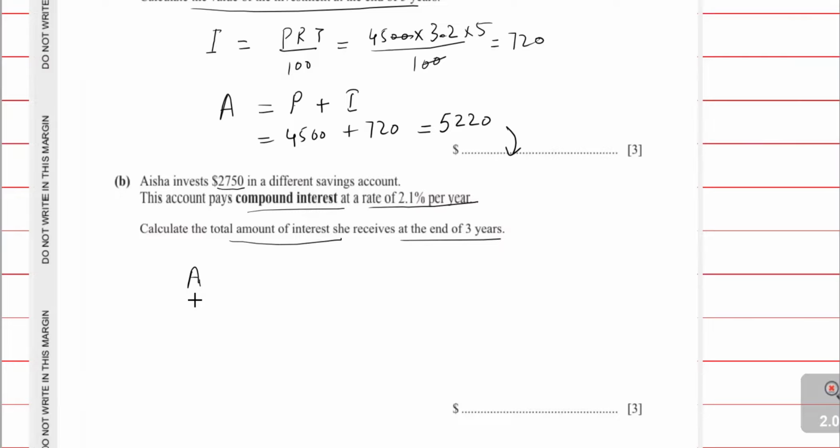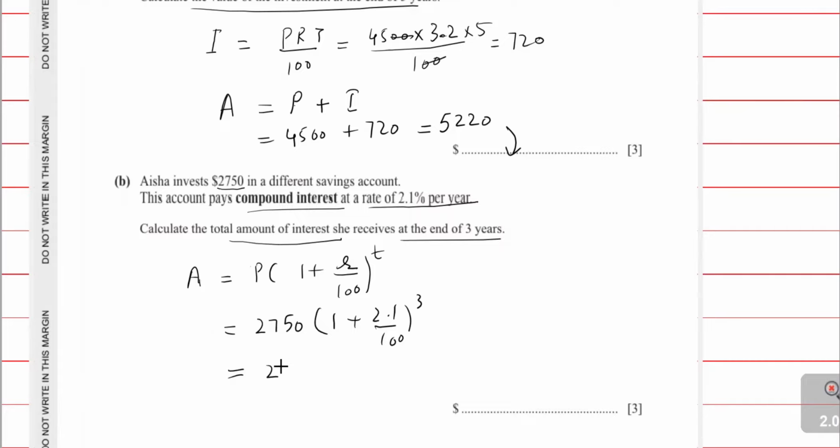The formula of compound interest here is the amount after T years. This will be equal to P into (1 plus R over 100) whole power T. P is the investment amount, R is the rate, T is the time, and A is the amount after 3 years.